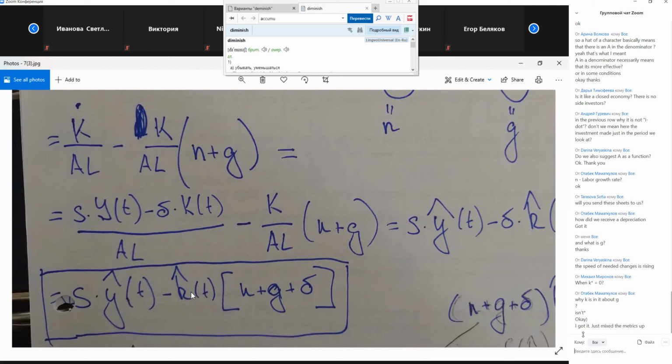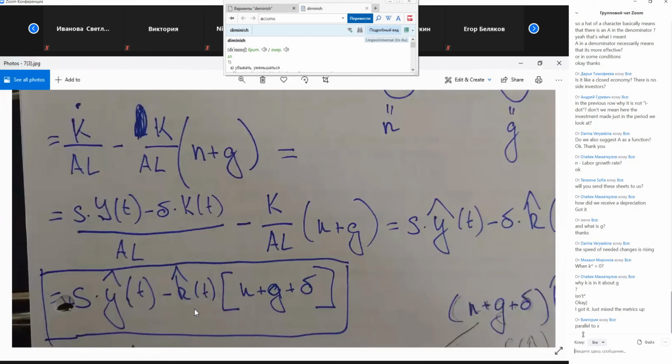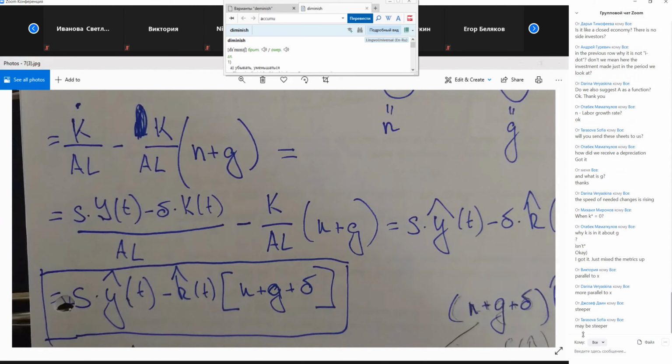Which one happens here? If g goes down, exactly. No, it becomes flatter. It becomes actually flatter.